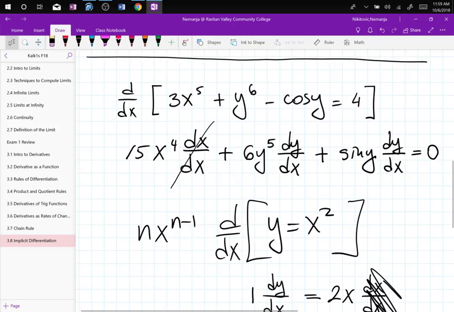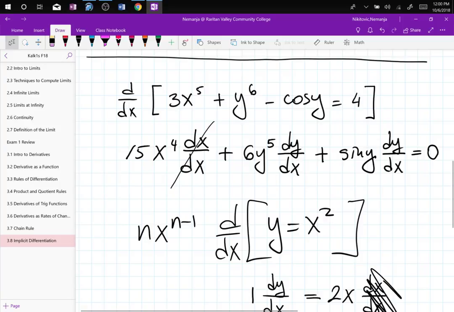Going back to our previous problem. 5 times 3 is 15. x to the 5 minus 1 is 4. I took the derivative of x in respect to x. dx over dx cancel. You know that there is no chain for this piece.